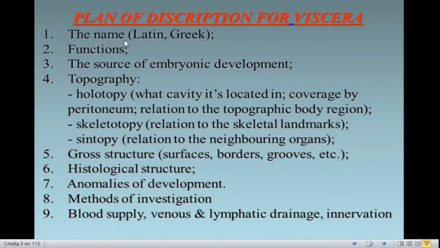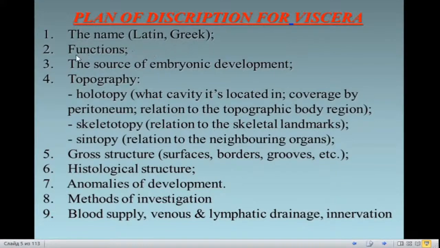While describing, we have to mention the name of the organ in Latin and in Greek. Mostly the names of the diseases originate from Greek roots. That's why we are learning Greek terms as well.